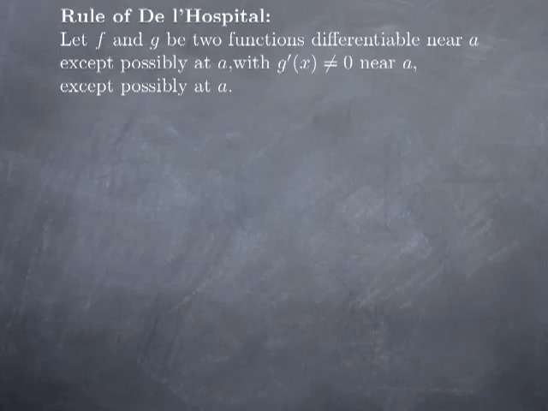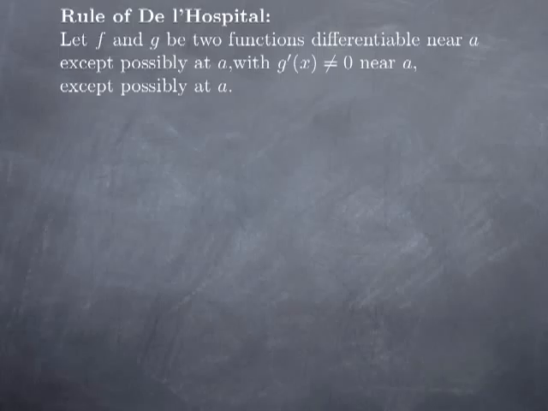The context is going to be to take two functions, which are going to be the top and the bottom in the undetermined limit, that are differentiable near a, except possibly at a. What that means is they're differentiable on an open interval centered at a, but possibly not at a.